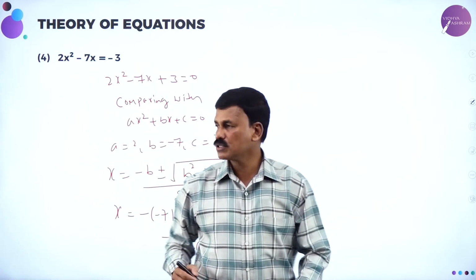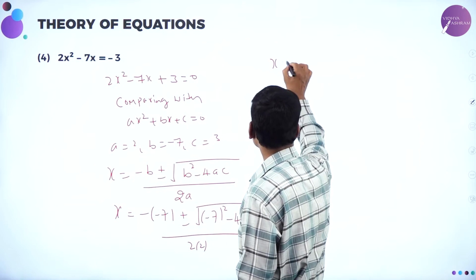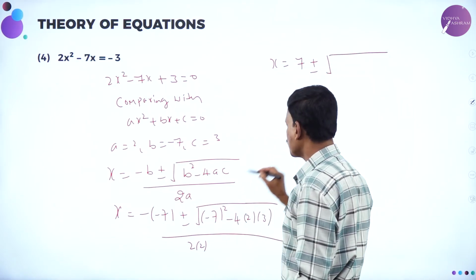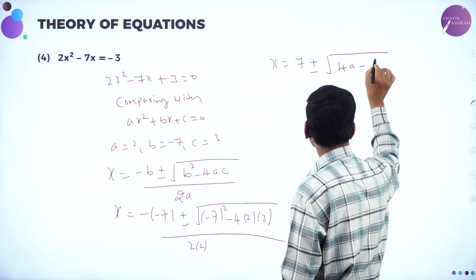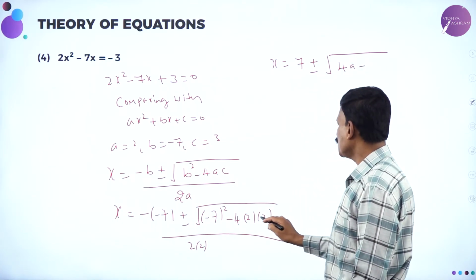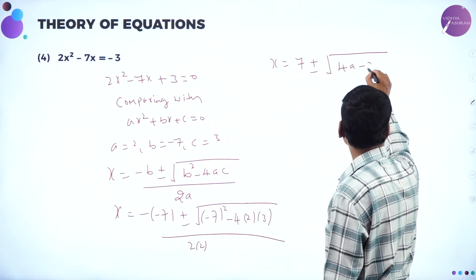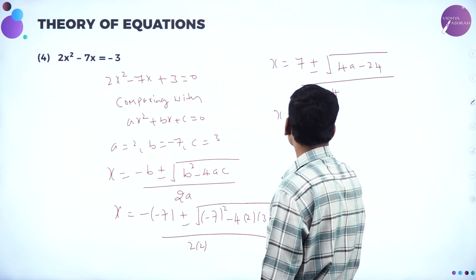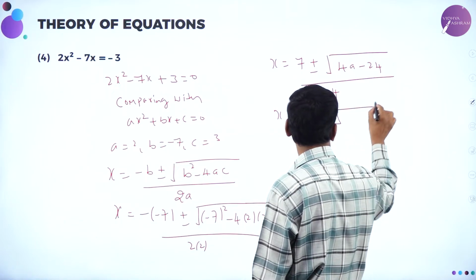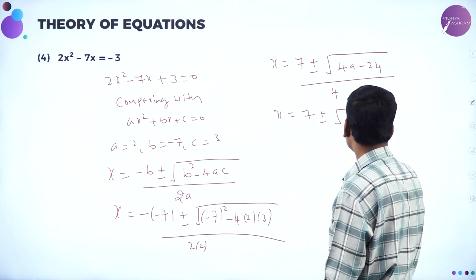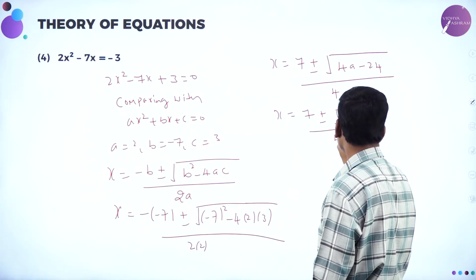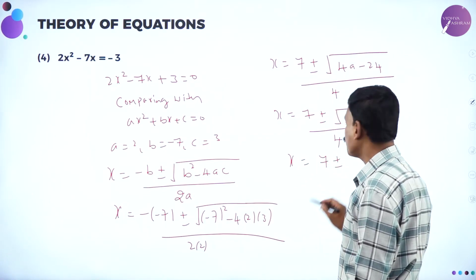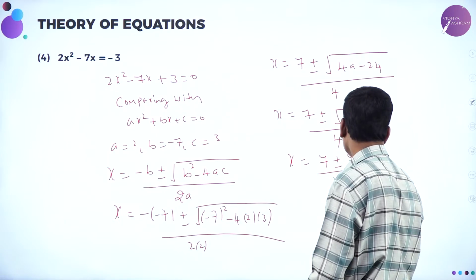So, this is equal to x is equal to minus into minus plus 7 plus or minus root of 7 sevens are 49 minus, so 3 2s are 6, 6 4s are 24 divided by 2 2s are 4. So, x is equal to 7 plus or minus root of 49 minus 24 is 25 divided by 4. x is equal to 7 plus or minus square root of 25 is 5 divided by 4.